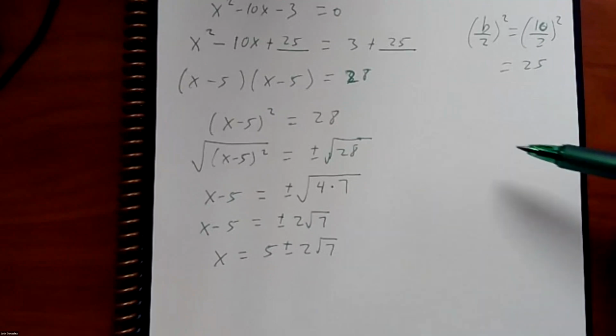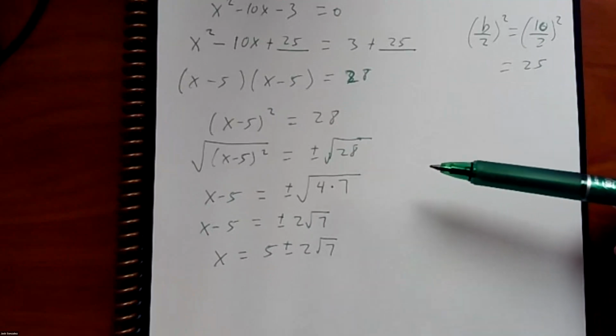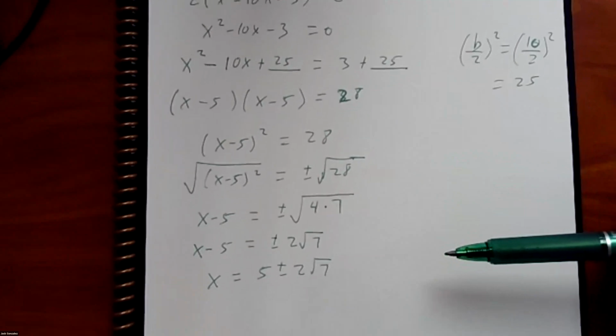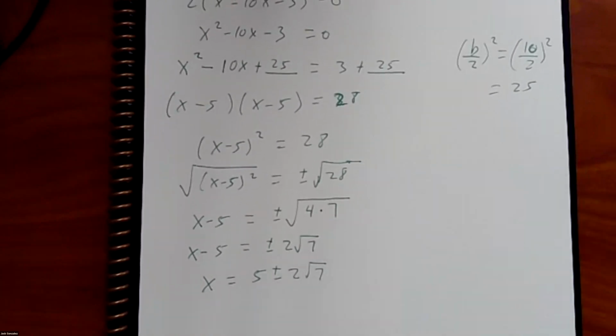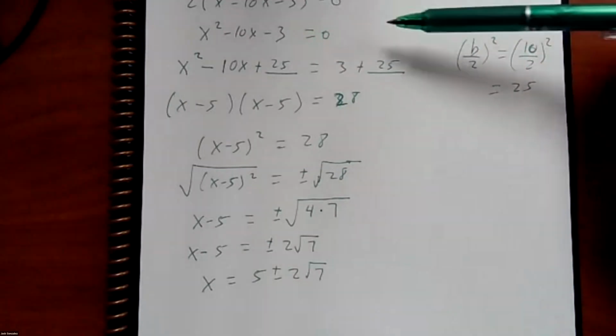Any questions on completing the square or square rooting? Well, when I completed the square, I had to add 25 to both sides.